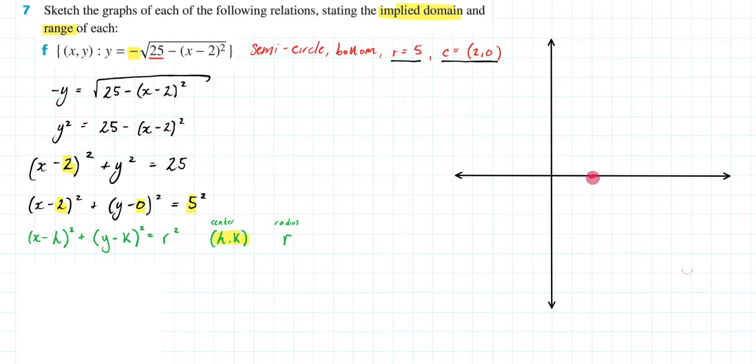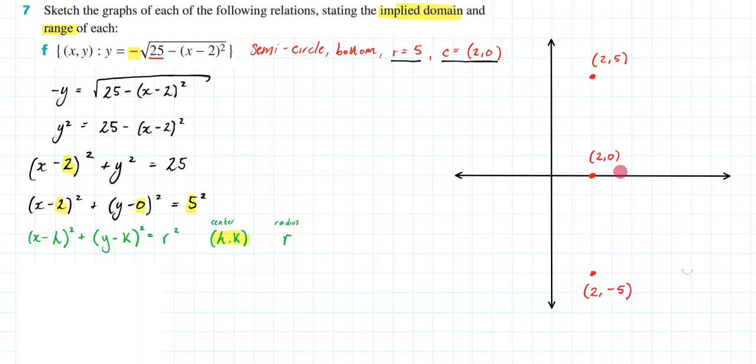(2, 0) is here, and I'm going to label that as (2, 0). I then have a radius of 5. So I could grab this and go 5 up: 1, 2, 3, 4, 5. It will be here, meaning this coordinate is going to be (2, 5). Then I could grab this and go 5 down: 1, 2, 3, 4, 5. This is going to be (2, -5).